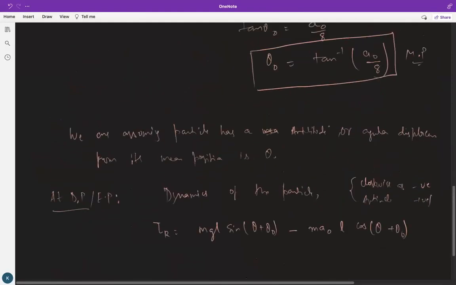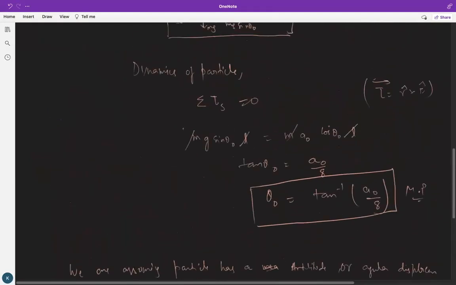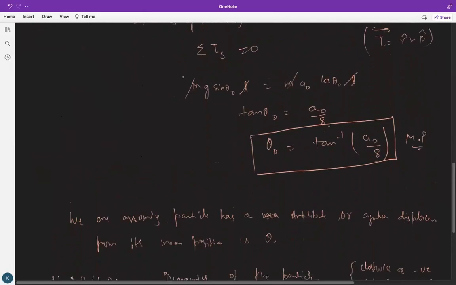Now we have the relations from the mean position. What we have to do is find the time period using the force method. Earlier we discussed that we have two methods to calculate the time period of any oscillating system. The first method is the force method, and the second method is the energy method. Here we are using the force method.